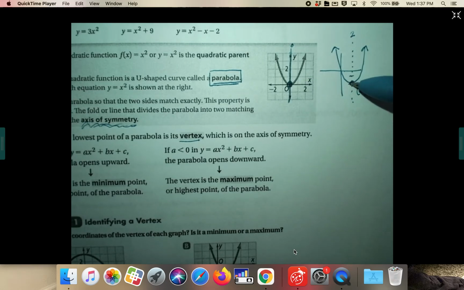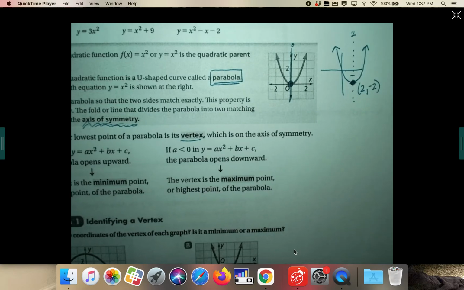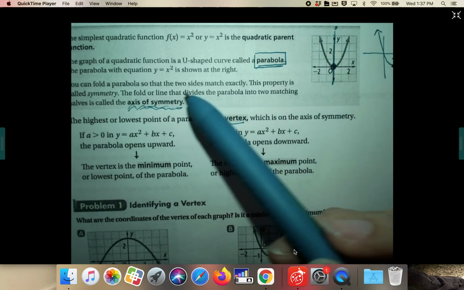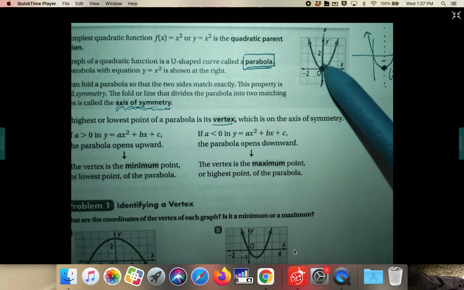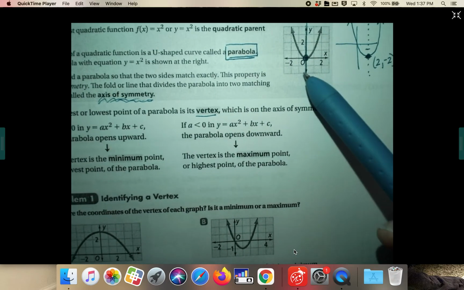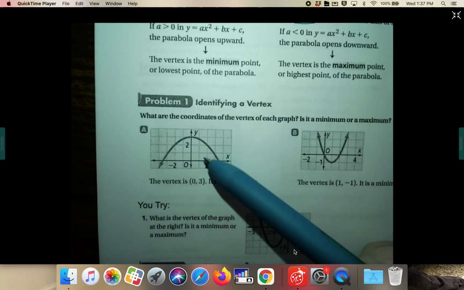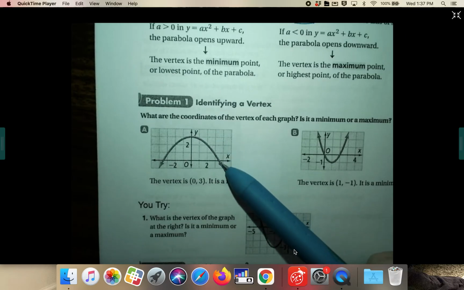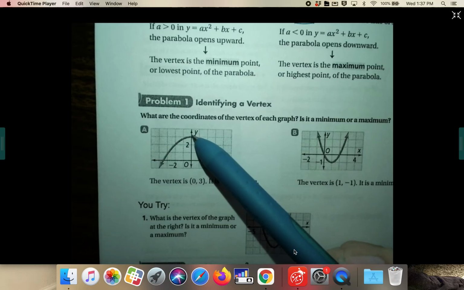So this is the vertex, and the dashed line through where it could be folded over is called the axis of symmetry. So a parabola is the U shape, the axis of symmetry is where it can be folded, and the vertex is the lowest point, or it could be the highest point of a graph, depending on if it opens up or if it opens down. So that is the vertex.